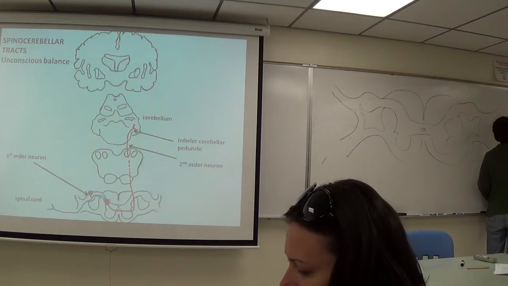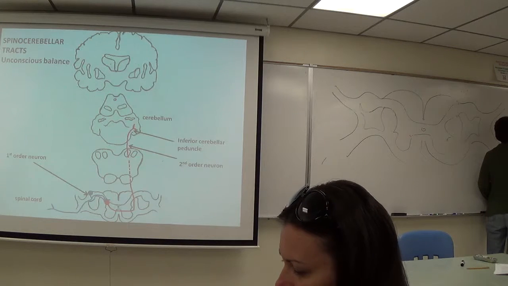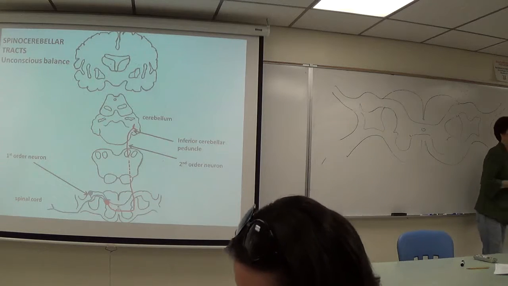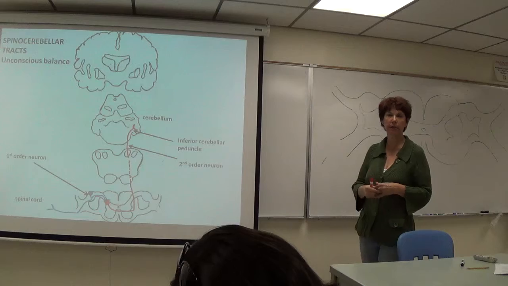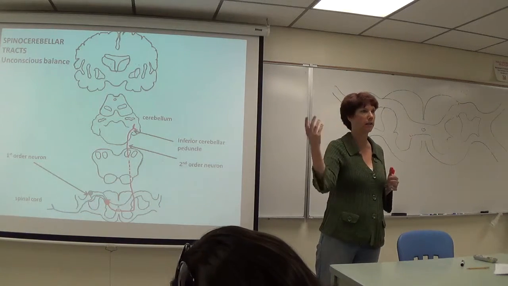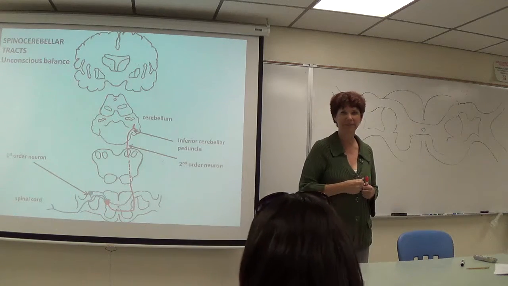Upper motor neuron and lower motor neuron. The upper motor neuron comes from the precentral gyrus or from the brainstem. The lower motor neuron is going to be found in the cranial nerve nucleus, or in the cranial nerve, or in the spinal nerve.